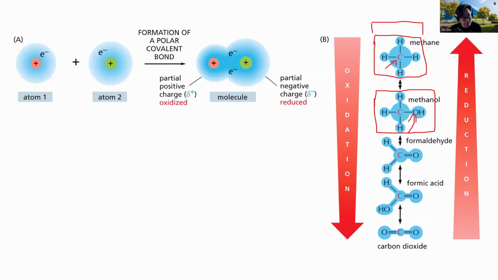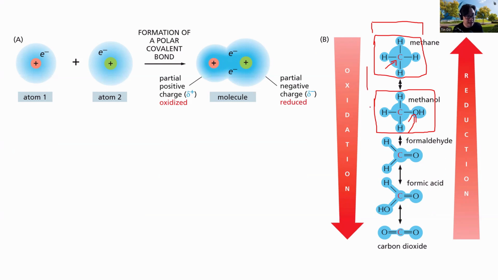And if it's pulling them away, that means the central carbon is losing some of those electrons, because now the electrons aren't hanging out at carbon anymore. This is a process of oxidation. Oxidation is loss of electrons, and vice versa. If I remove the oxygen, then all the electrons are going to hang around the central atom, carbon, again.